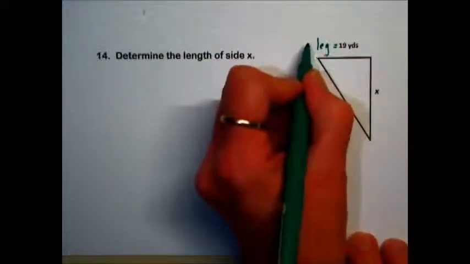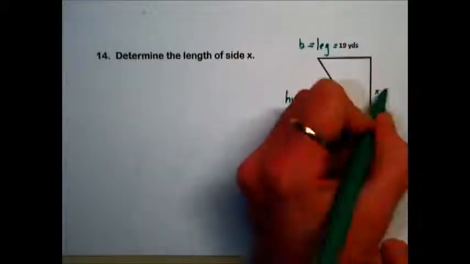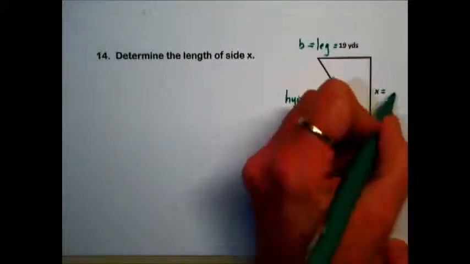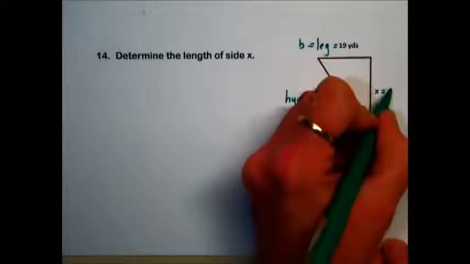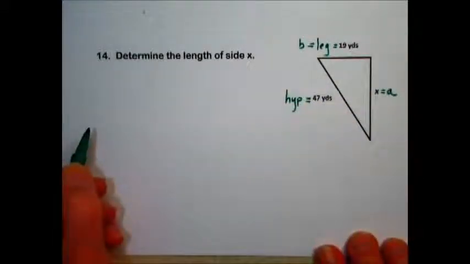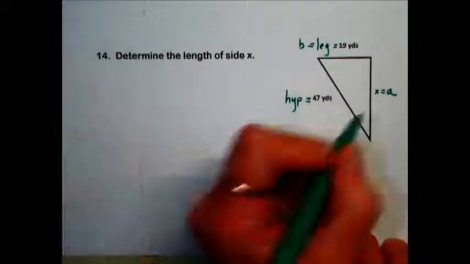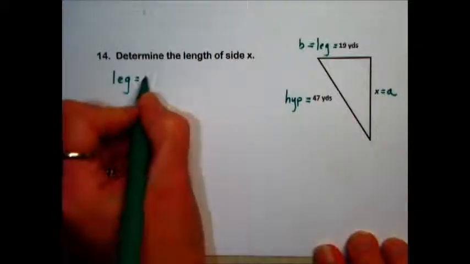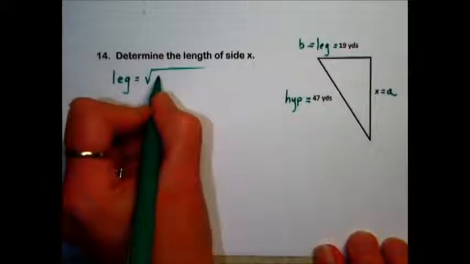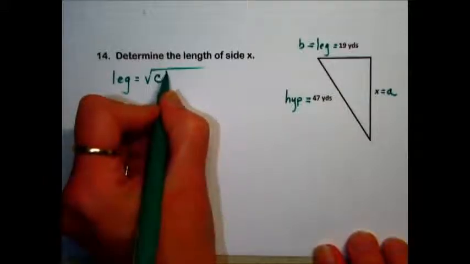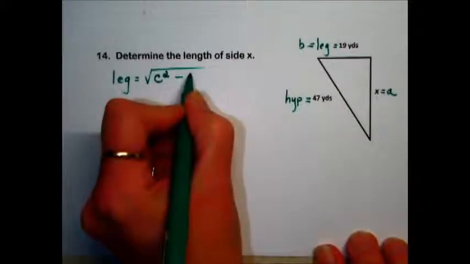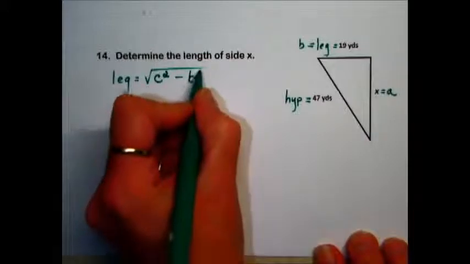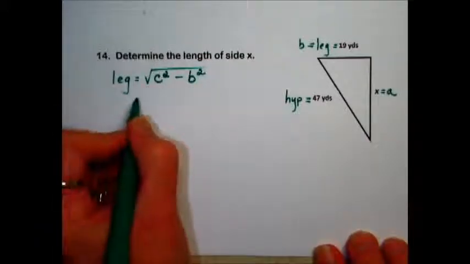We can call this B, and what we're looking for is the other leg making up the right angle. We'll call that A. A variation on Pythagorean theorem that will help us to find a leg length is to take the square root of the hypotenuse, or C squared, minus the one leg that we do know squared.